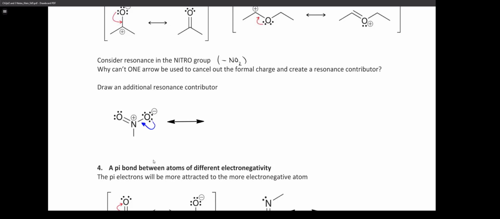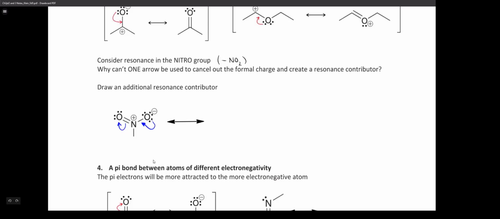But there would be a problem there. Why is that a problem? Nitrogen. Octet. Yeah, but can I fix that? I can. Yes. Take the double bond and push the electrons to the oxygen. Okay.